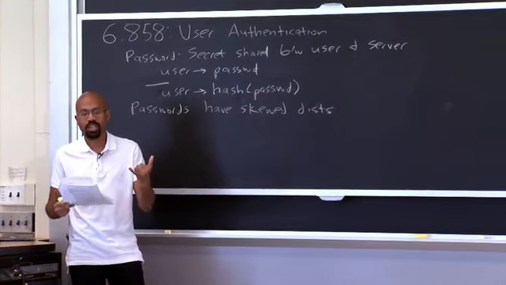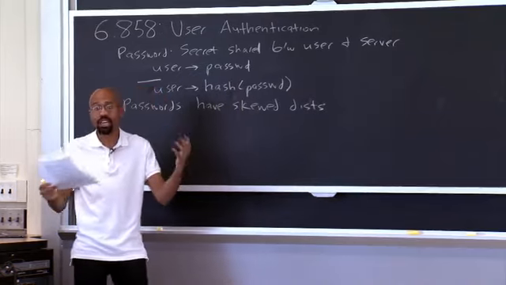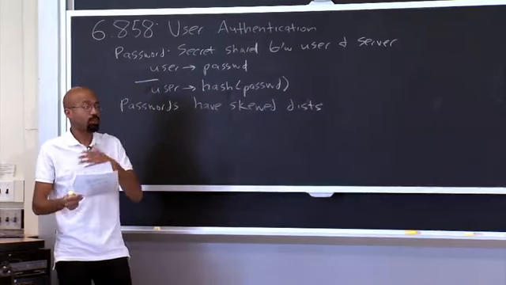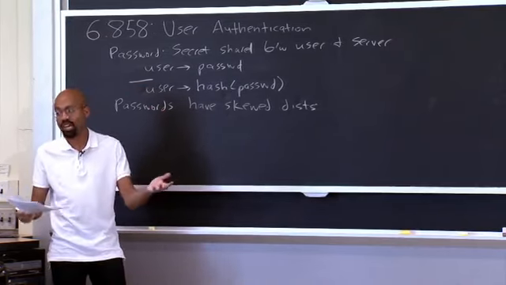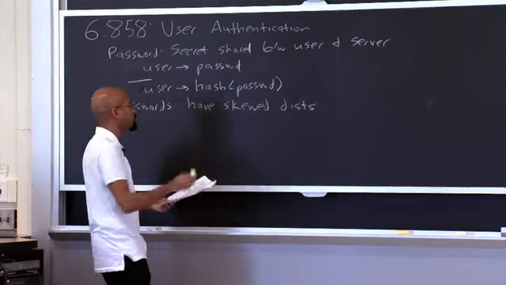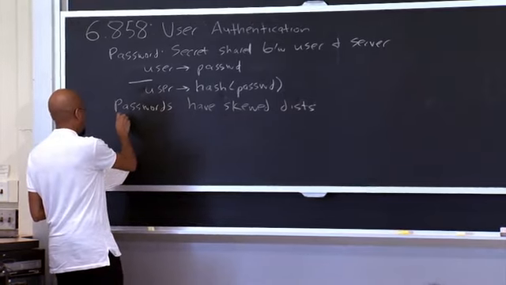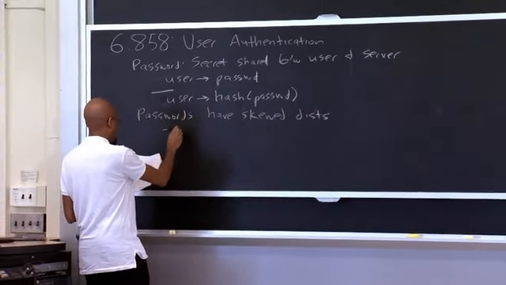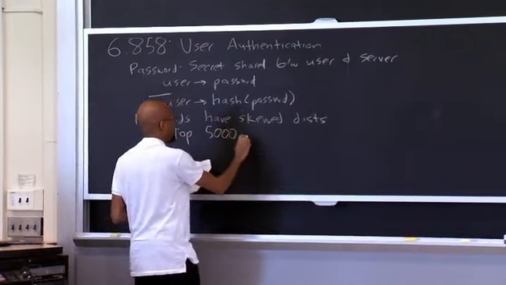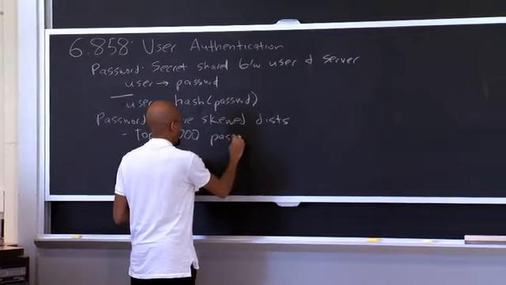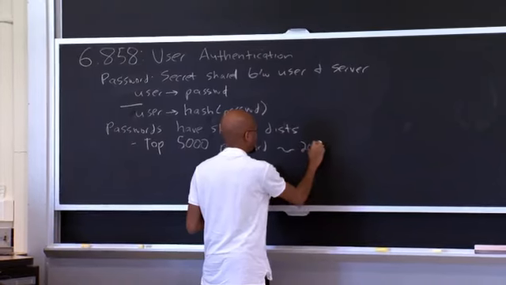It's not like users actually pick passwords that exist everywhere in that space of possible characters. In practice, people pick passwords like 1, 2, 3, or Todd. In fact, there have been empirical studies of how passwords work, and a lot of times these studies find things like the top 5,000 passwords cover about 20% of users.